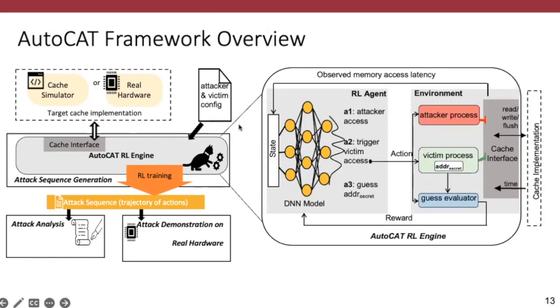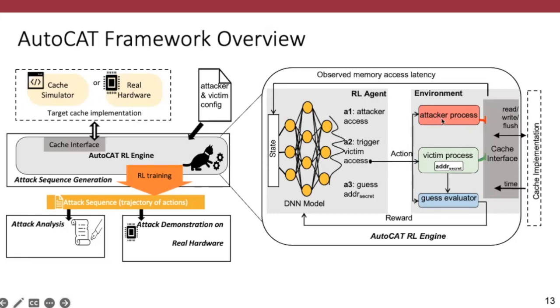And inside the RL engine, there's an agent, which is a neural network, and we use the PPO algorithm to train it. In the environment, first the environment will interface with a cache, either a simulator or real hardware. In the action space, we have 3 types of action.